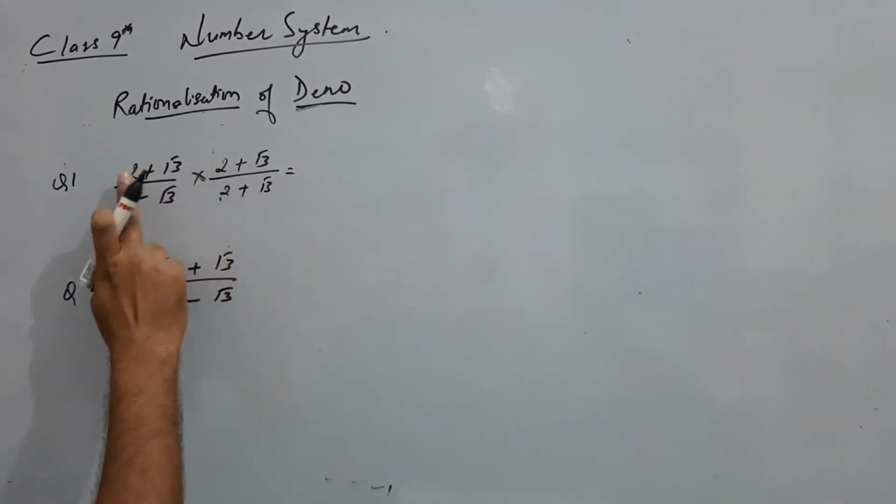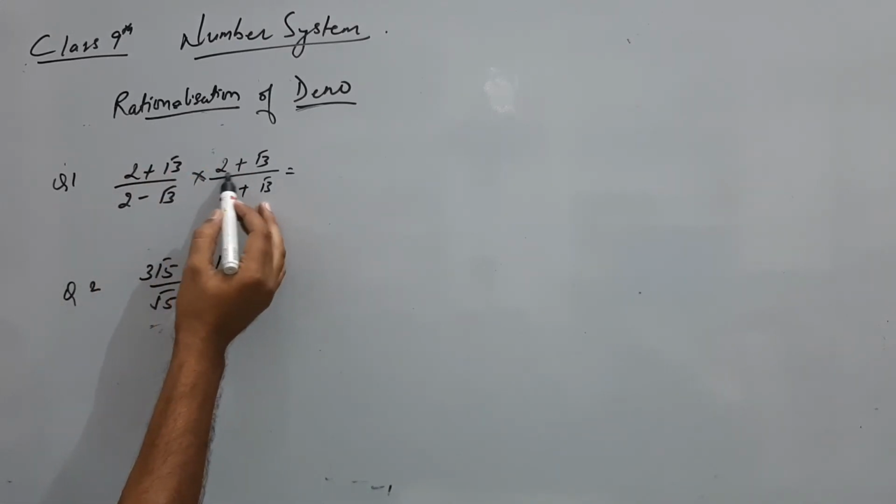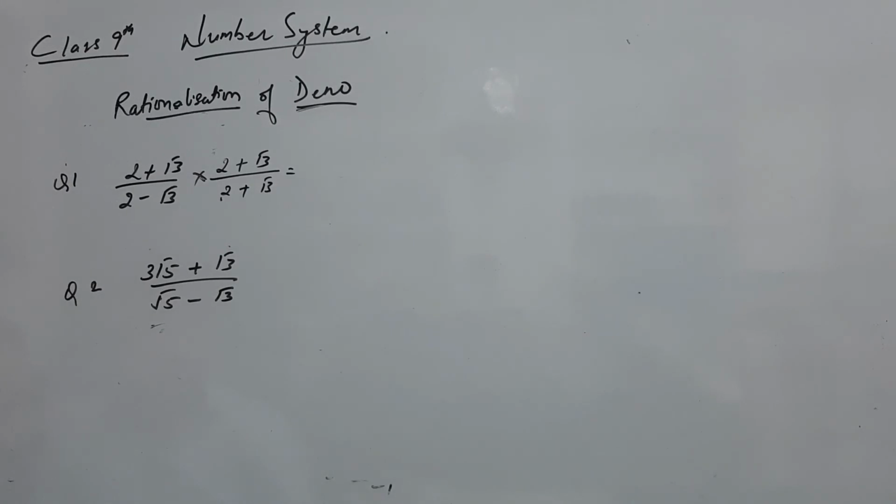Here it is the same number 2 plus root 3, here it is the same number 2 plus root 3. And if you have learned this formula, a plus b into a plus b, or you can say x into x, it is x square. You know that or not?